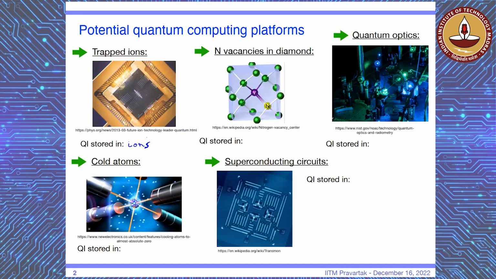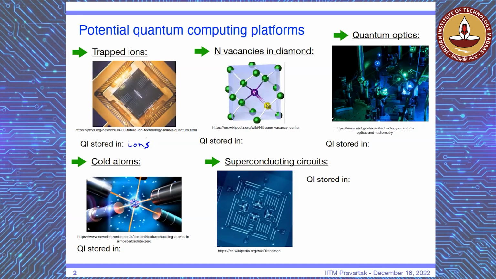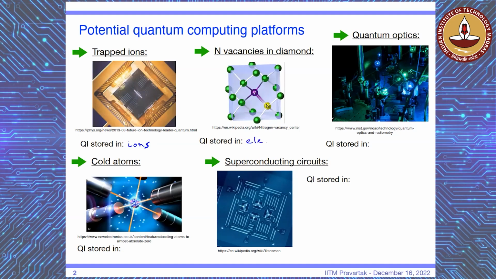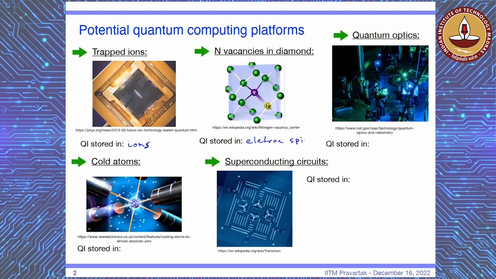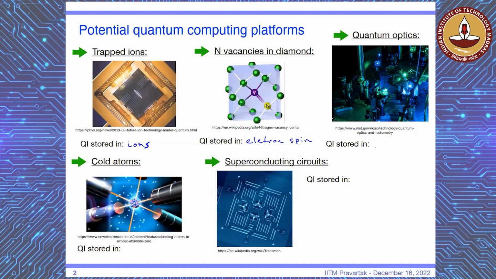In diamond, with nitrogen vacancies, you store the quantum information in electron spin, which is trapped in one of these vacancies.